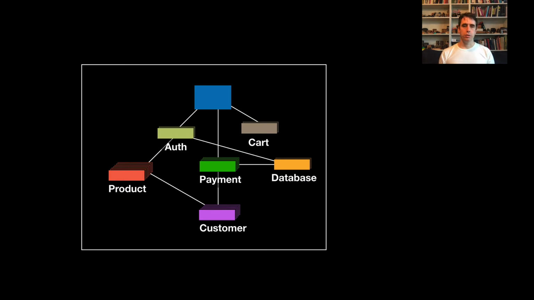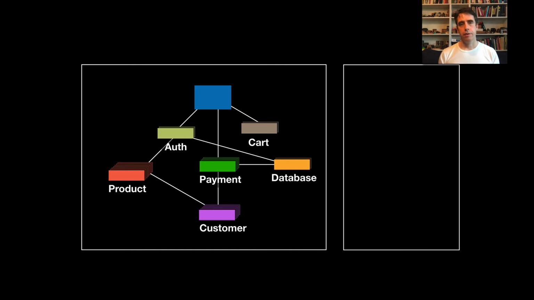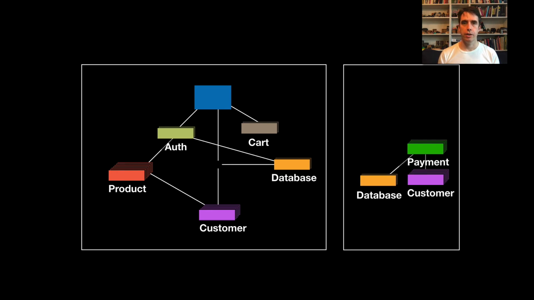So let's go back to the service here. How would it look if we want to perform those refactoring steps using components? Then the first thing we do is create a new service. And now we can just move this payment component into that new service, and the other components it uses. And this is something that takes seconds to do.